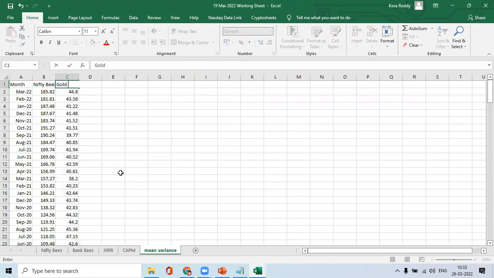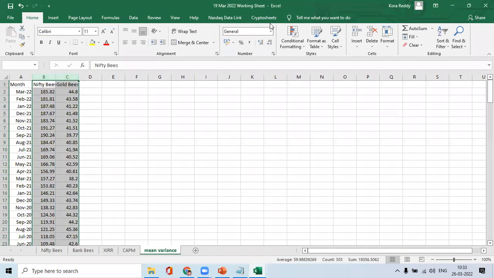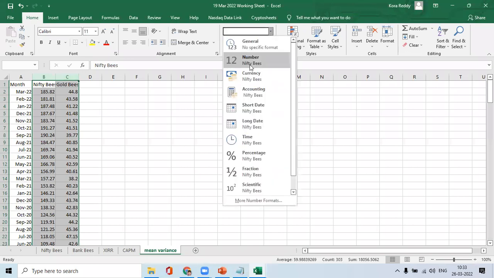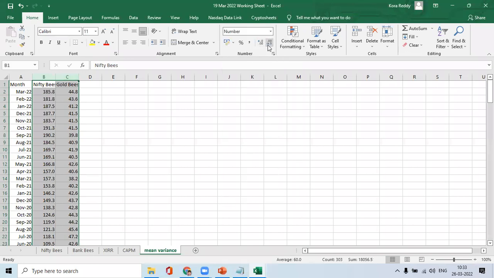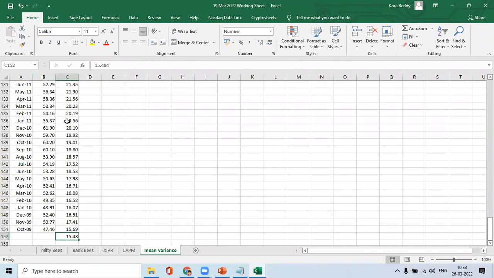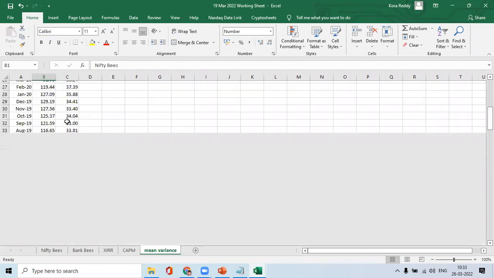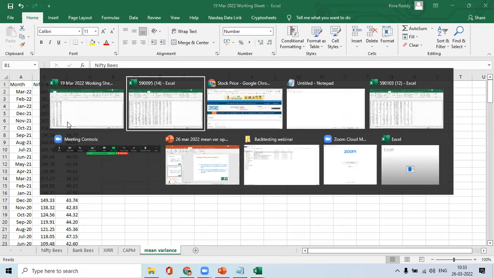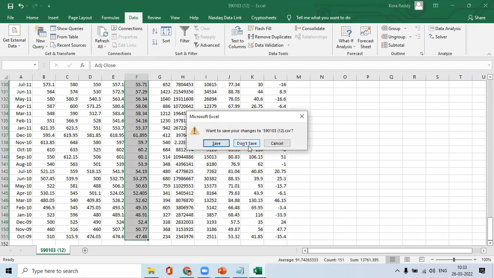So this is your gold price. Make both of them 2-digit precision. Now go back to the slide.